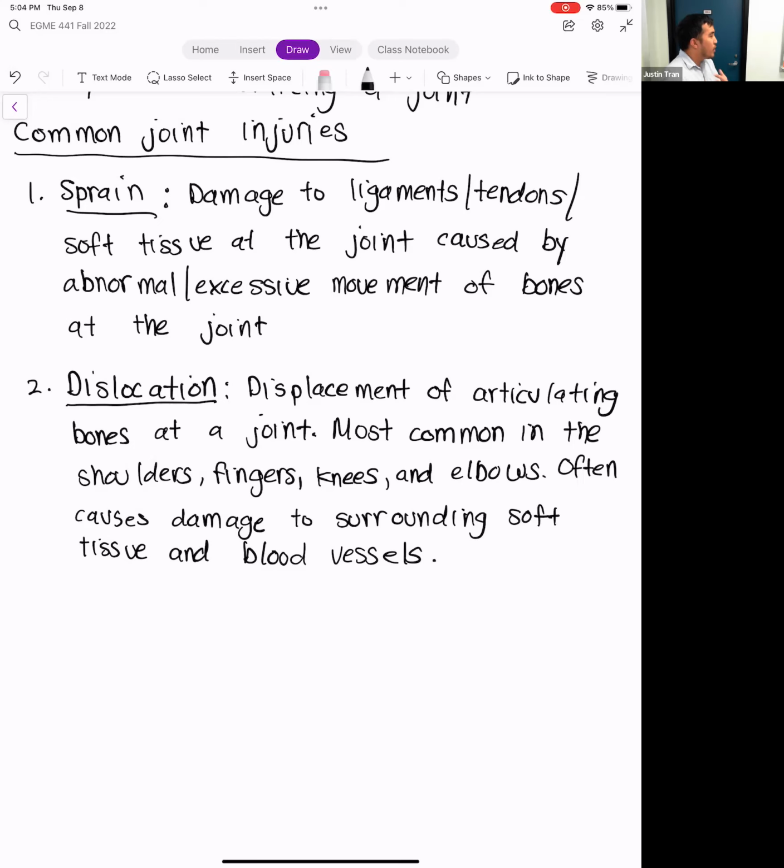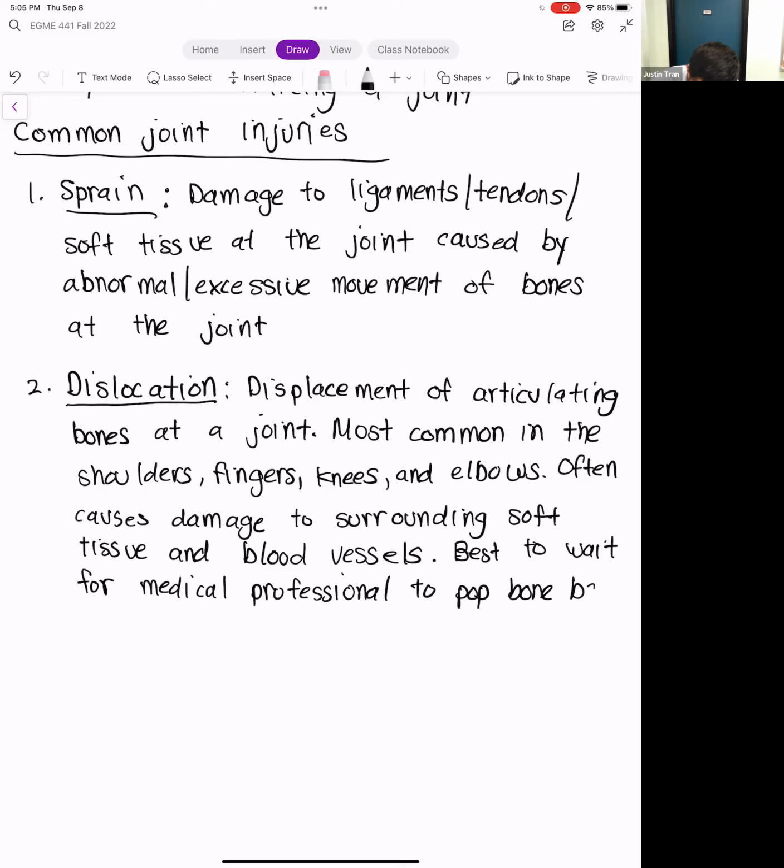You want to make sure you pop it back in the right position, not the wrong position, and mess up your joint for the rest of your life. Okay, so that's dislocations.